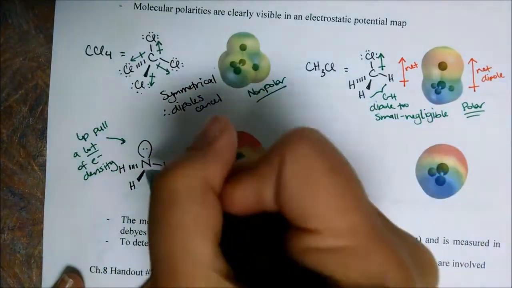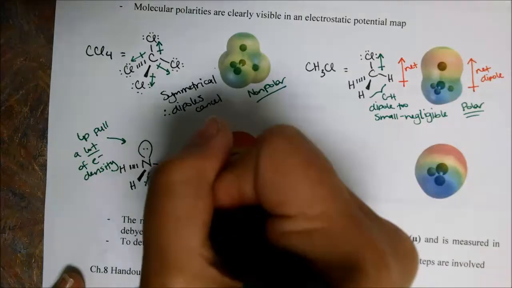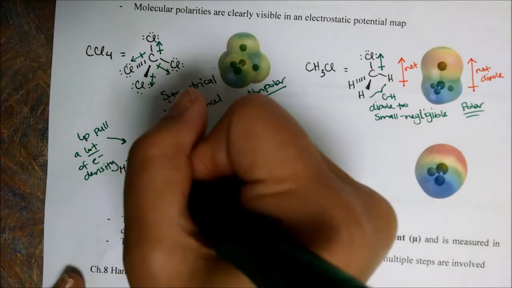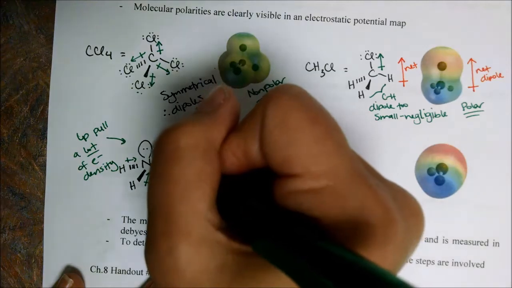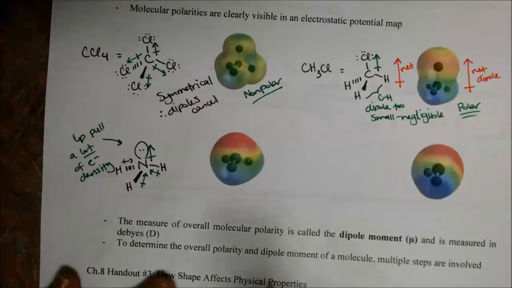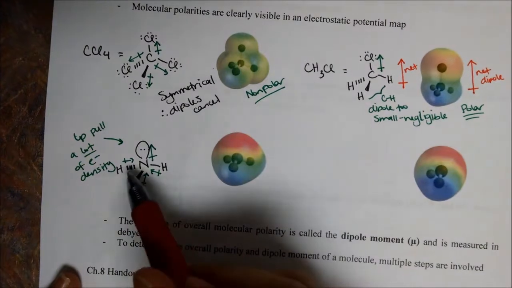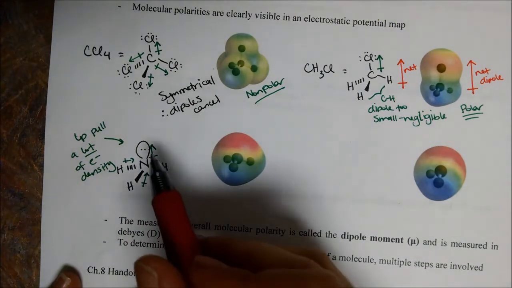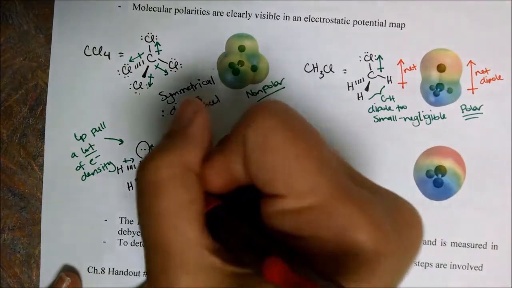Okay, so if we look at the individual bond dipoles, nitrogen is more electronegative than hydrogen, so we have these little dipoles pulling towards nitrogen, and then we have this big one with the lone pairs. They pull a lot of electron density because, I mean, after all, they are electrons. So then for our net overall dipole, you can see that these guys are reinforcing one another, going towards nitrogen, and then we have this bigger one going towards the lone pair.